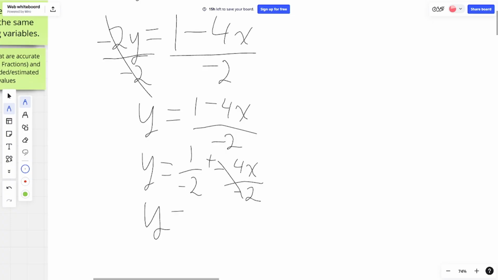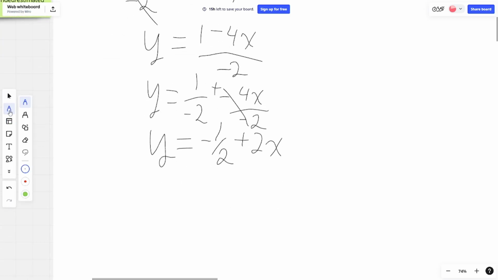So we'll be left with y is equal to negative 1 over 2 plus 2x. Now we can also rearrange this equation to look a lot nicer. We can set this as y is equal to 2x minus 1/2. Now we have our equation rearranged.